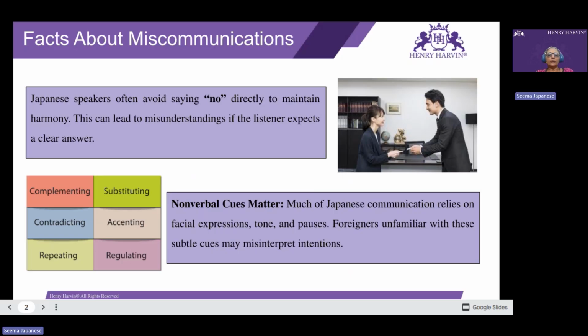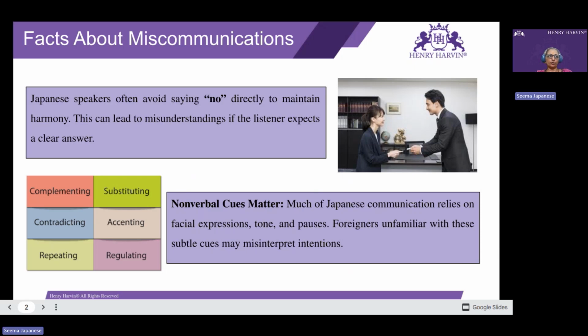Okay, so facts about miscommunications. Japanese speakers often avoid saying no directly to maintain harmony. This can lead to misunderstandings if the listener expects a clear answer. Like we, being Indians, usually say yes and no directly. But as per Japanese culture, as we have learned during this series of our masterclasses, Japanese people do not say no clearly.